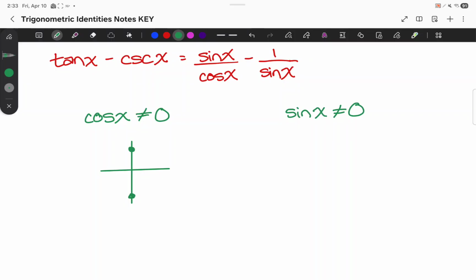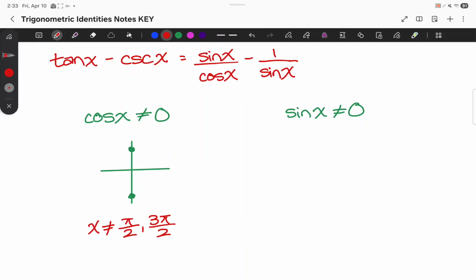That's where cosine of the angle would be 0, right? What angles is that? Pi over 2 and 3 pi over 2. So I'm going to say that x cannot be equal to pi over 2 or 3 pi over 2, because those are the places that would make cosine x equal to 0.